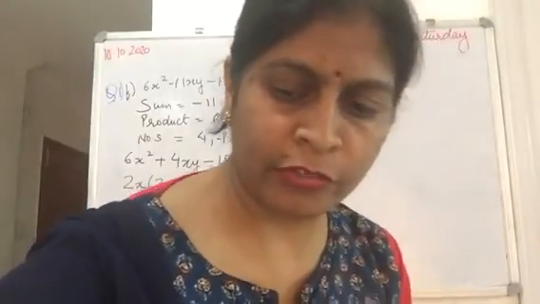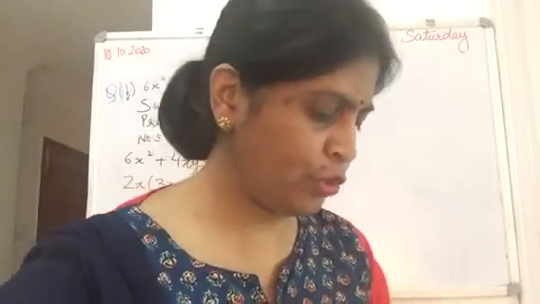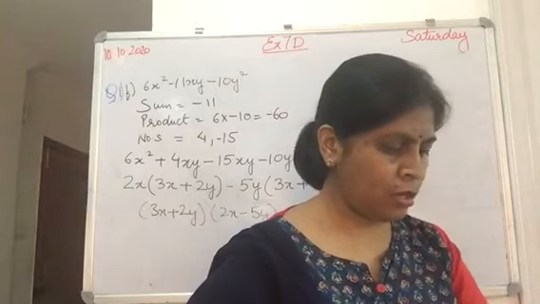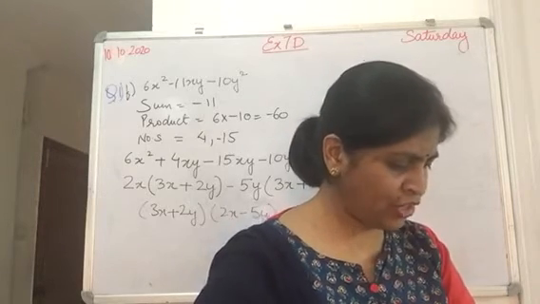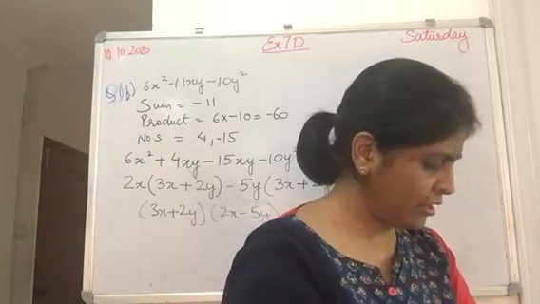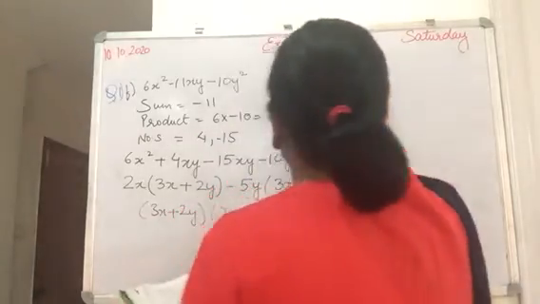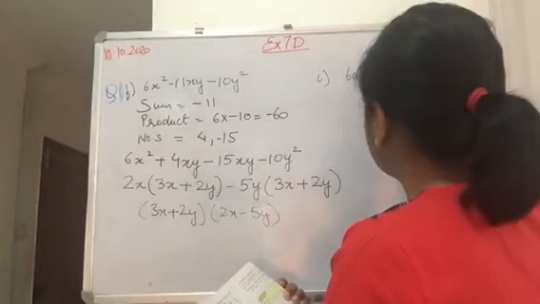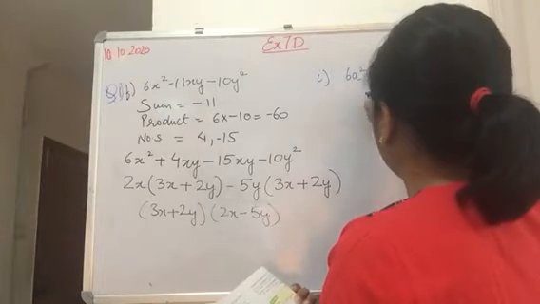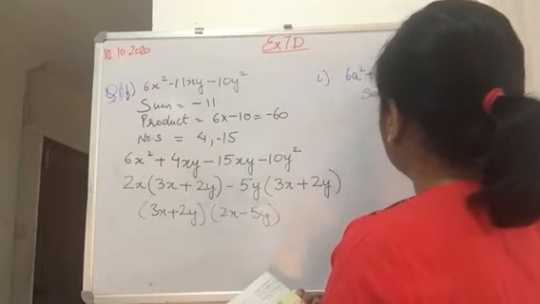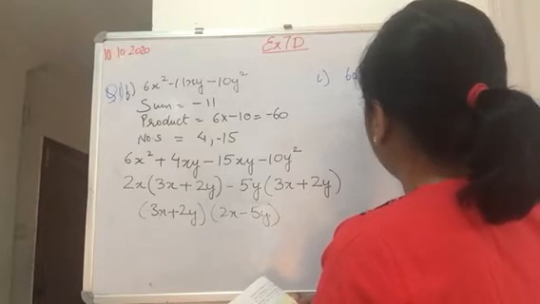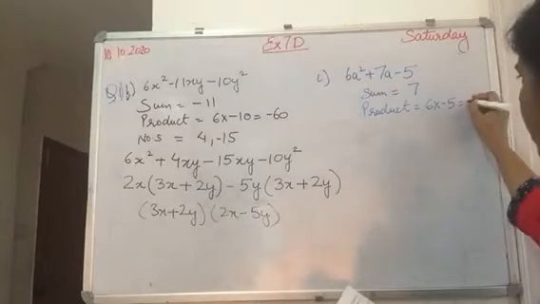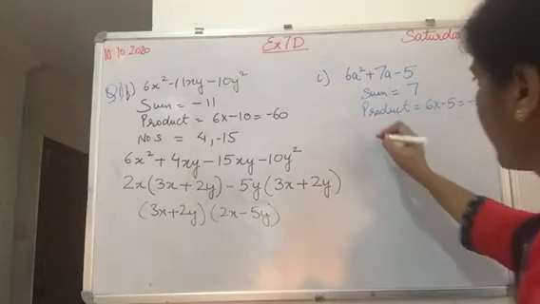Clear? Now we will do, which part we will do? H, or I will do I. I part says 6a square plus 7a minus 5. Sum 7, product 6 into minus 5 will become minus 30.